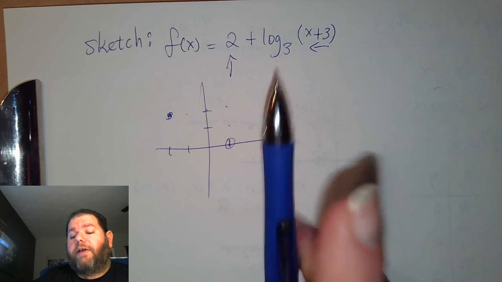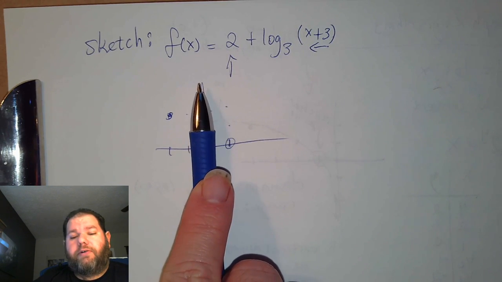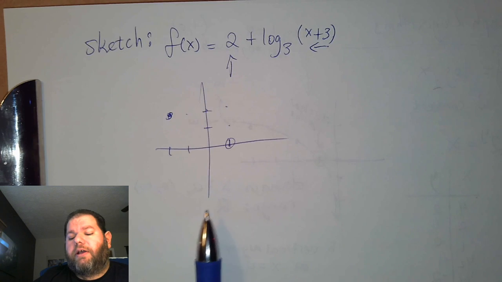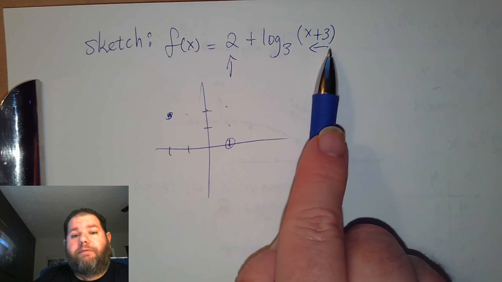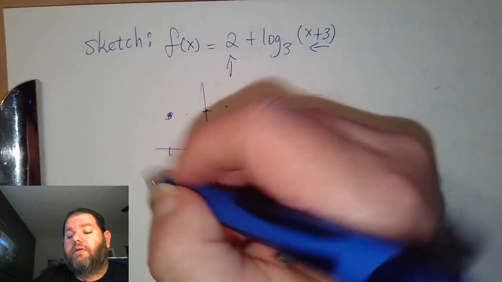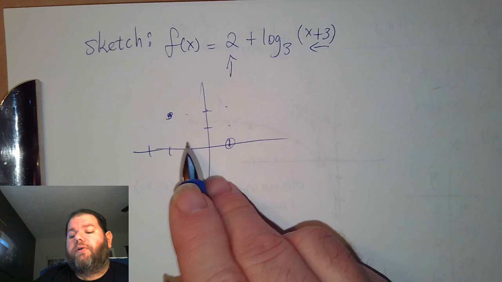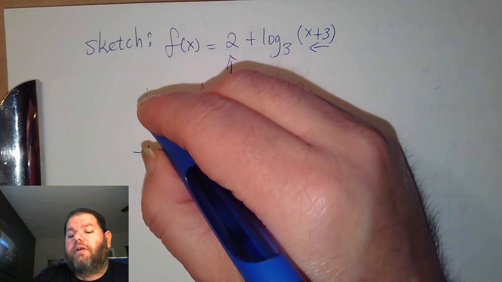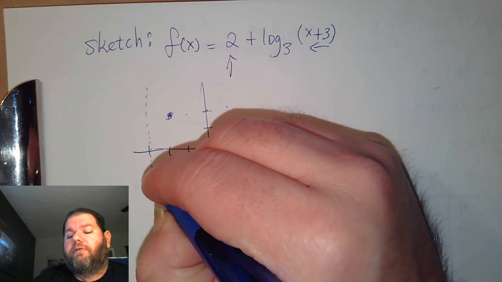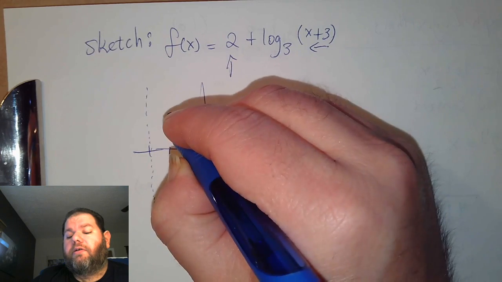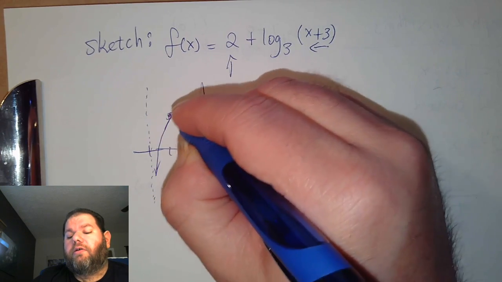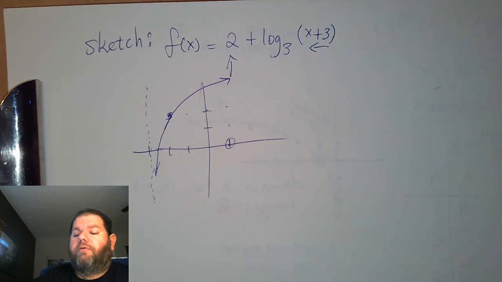Now our vertical asymptote, because there's a horizontal shift, starts off right on the y-axis, but it moves left 3 also. So our vertical asymptote goes from here, 1, 2, 3 left, and now our vertical asymptote is over here. And we just draw our logarithmic curve from that point.